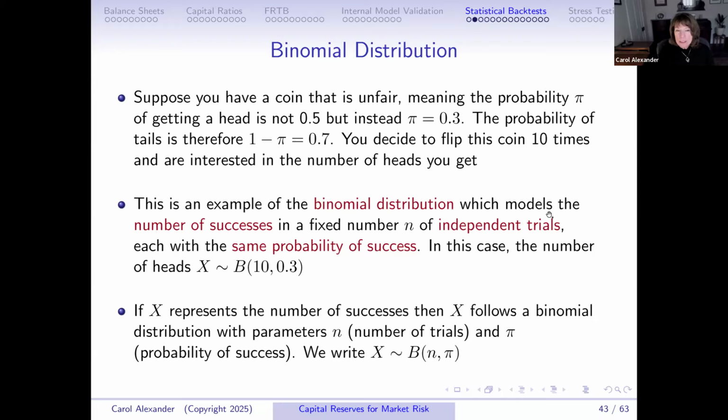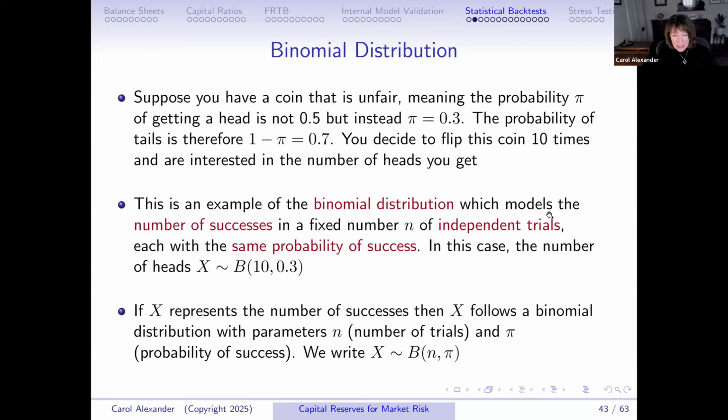And if you flip this coin 10 times, you're interested in the number of heads you get. That's an example of the binomial distribution, which is the number of successes in some number n of independent trials. And each time there's the same success probability. So in this case, we could say x is distributed as a binomial with n equals 10 and the probability is 0.3.